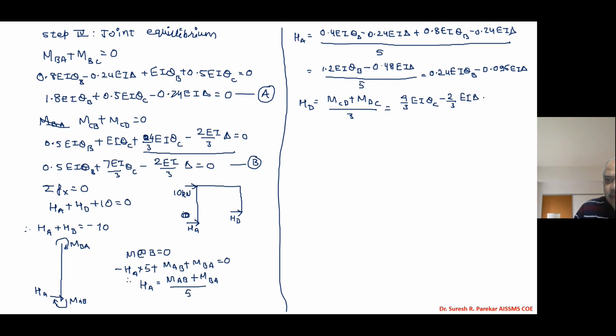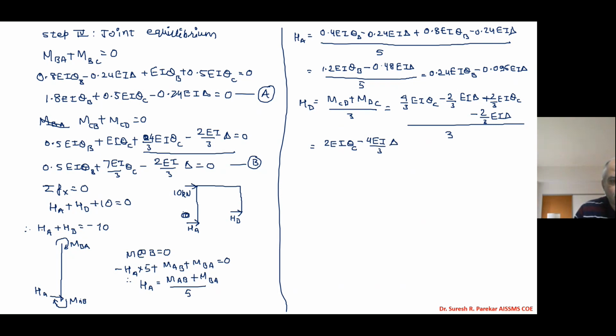And in DC we have changed, plus 2 by 3 EI theta C. Second term as it is, minus 2 by 3 EI delta, whole divided by 3. And from this we will get it as 2 EI theta C minus 4 EI by 3 delta.